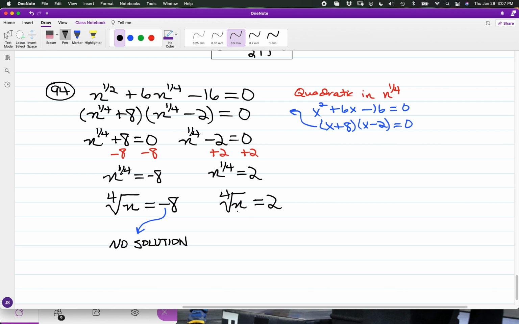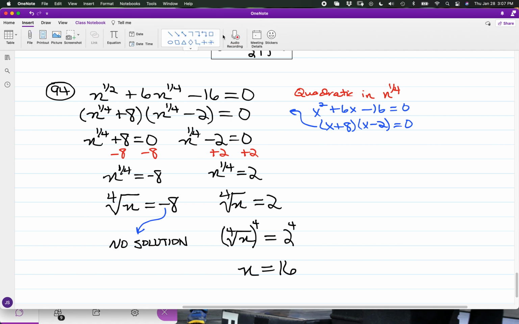Freeing up n, again I can have an even root radical reduce to a positive constant. I can eliminate the radical by raising both sides to the 4th power. On the left-hand side I have n, and 2 to the 4th is 2 times itself, times itself, times itself, which comes out to 16. So for this equation, there's only one solution, and that is the number 16.